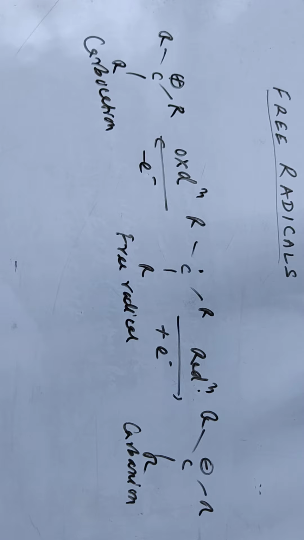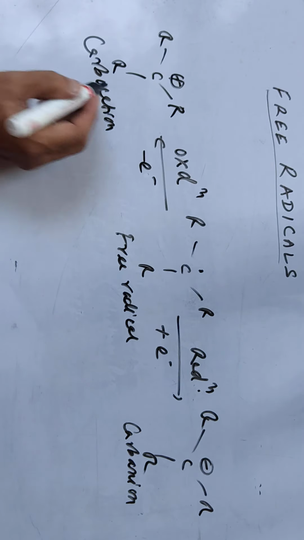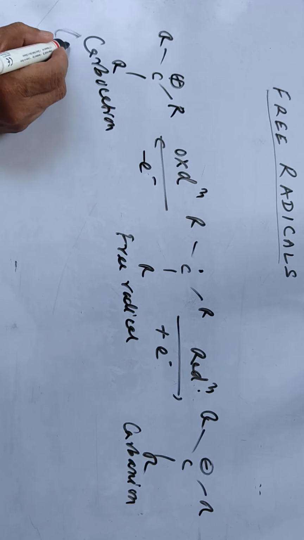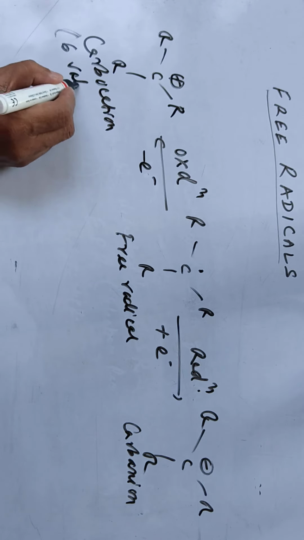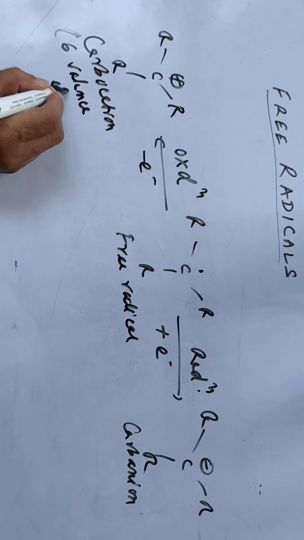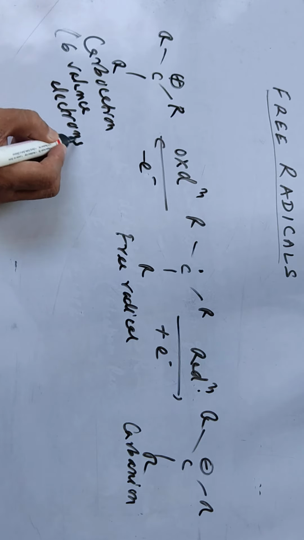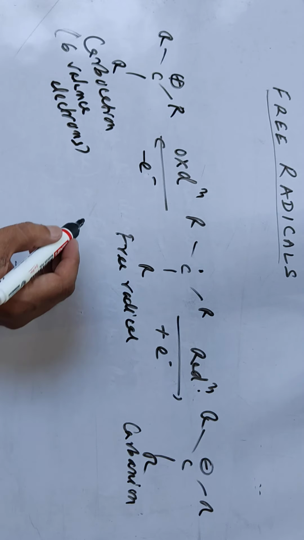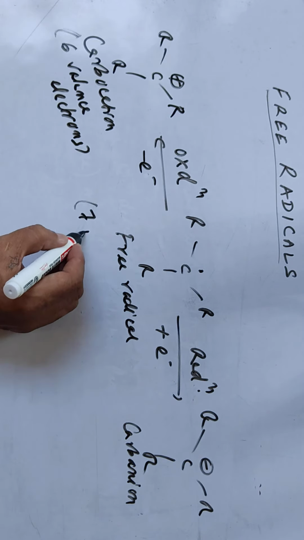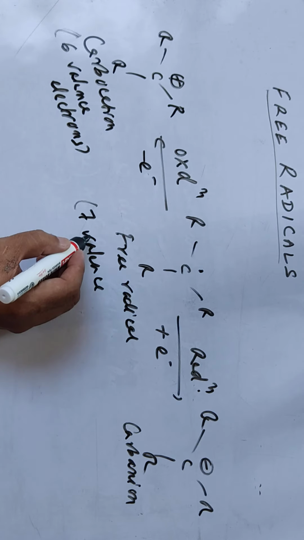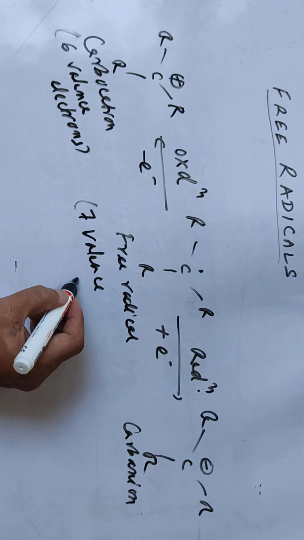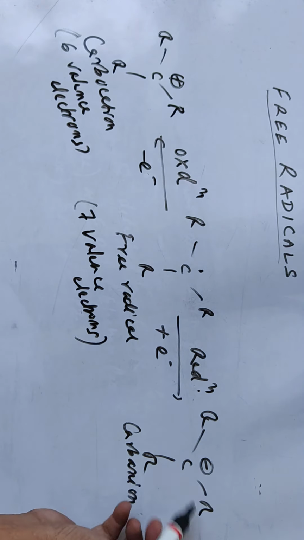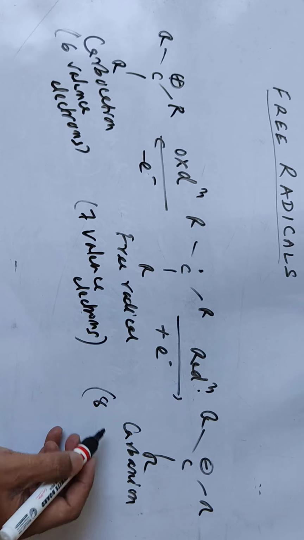In the carbocation there are 6 valence electrons. In the free radical there are 1, 2, 3, 4, 5, 6, 7, so the free radical has 7 valence electrons. In the carbanion there are 8 valence electrons.